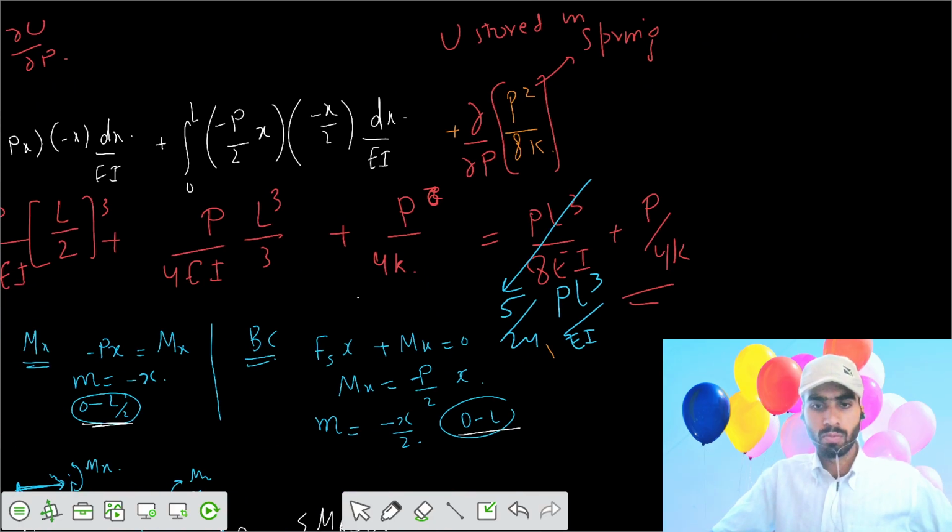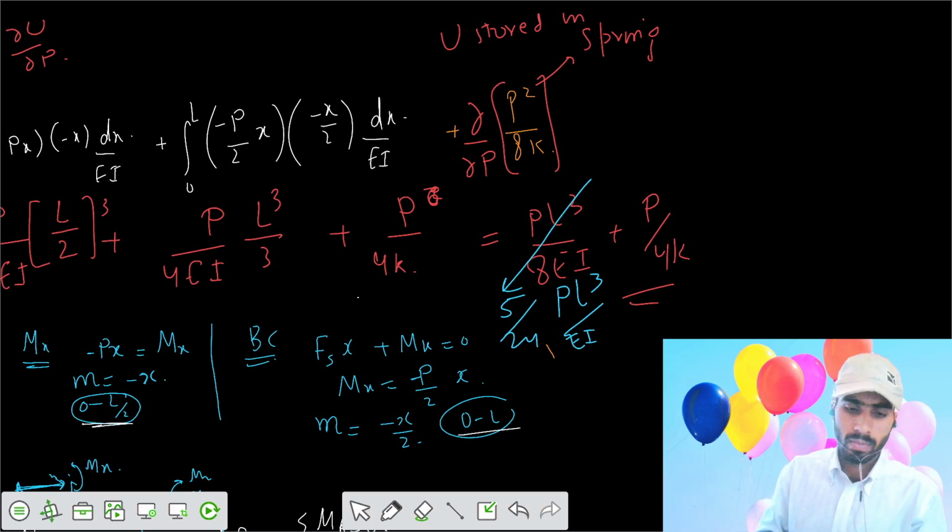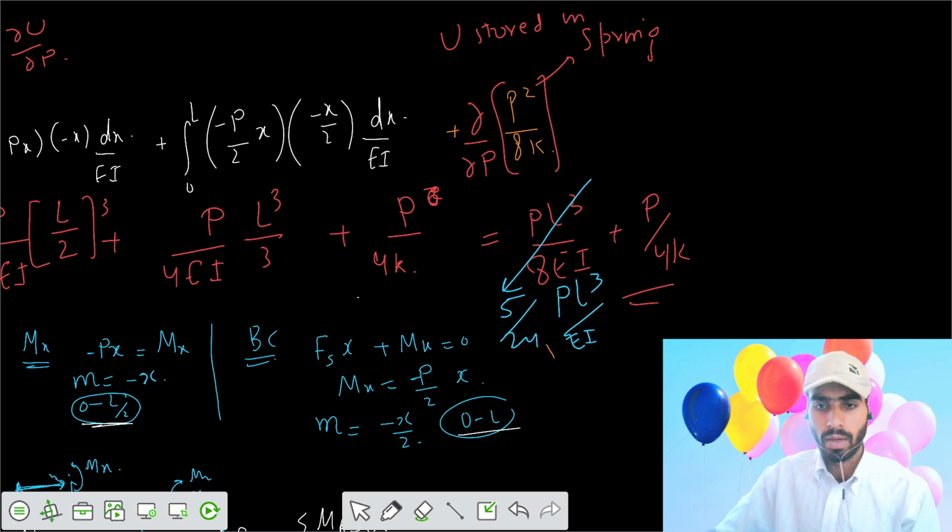Let's move on to the next one. Now we have a beam that's in the form of a quarter of a circle. So we got a quarter circle beam.